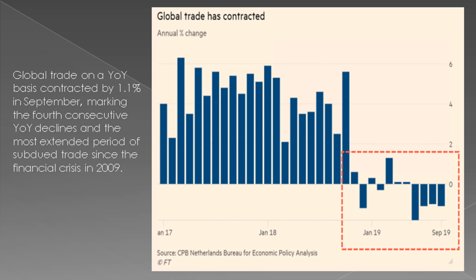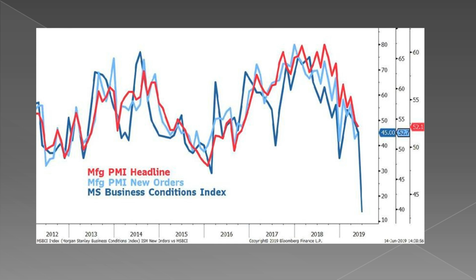This is why the IMF and the Bank for International Settlements are beating the drums about fiscal stimulus and even monetary policies such as MMT and NIRP, or negative interest rate policies, on an expanded basis. The Business Condition Index tells the coming story with already plummeting PMI headlines and new orders.